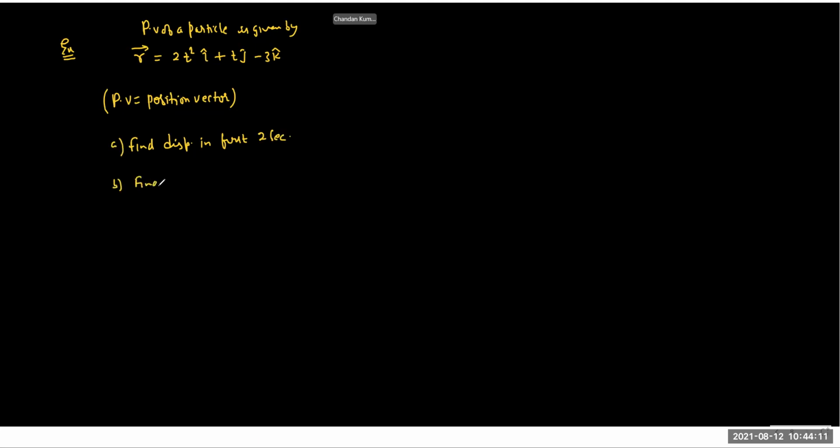This Find is a question, it's not a real phenomenon. t is time, don't worry. It's a position vector formula, like a function. So the position vector of a particle depends on time by this formula.